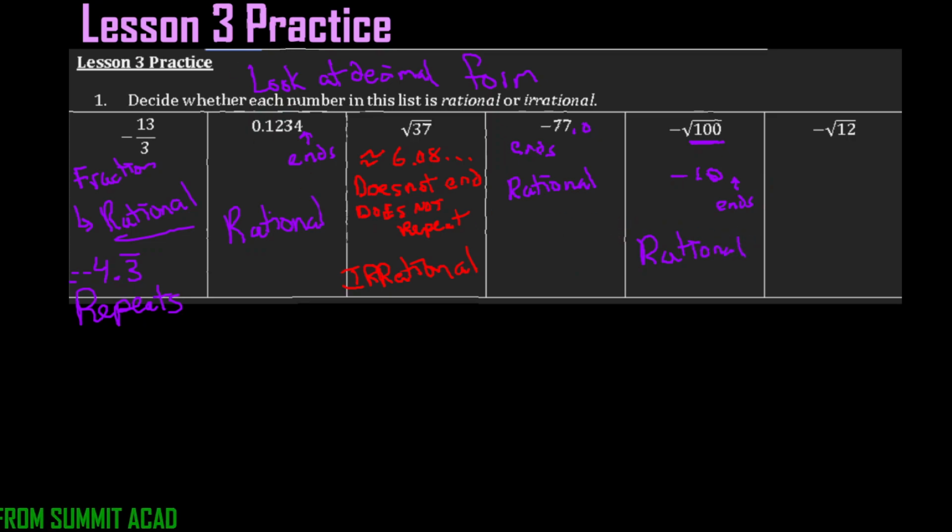And lastly, if I look at negative square root of 12, again, it's going to be approximately negative 3.46 with values after it. Again, it does not end or repeat. So that means it is irrational, meaning not rational.